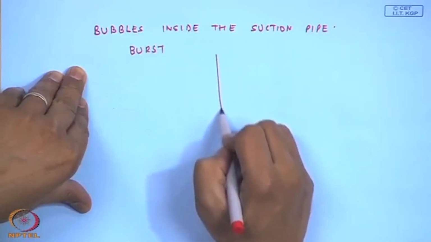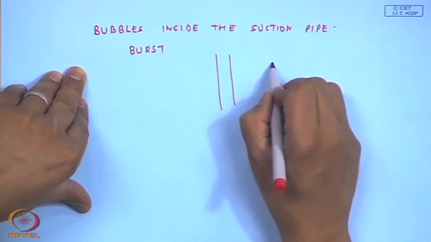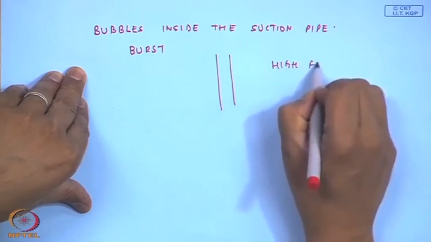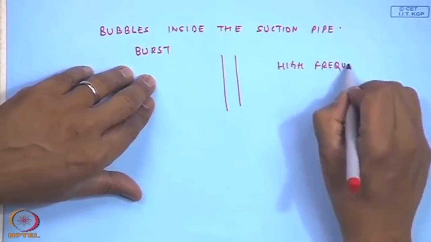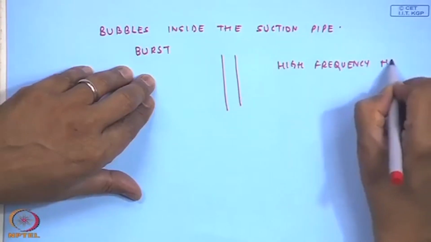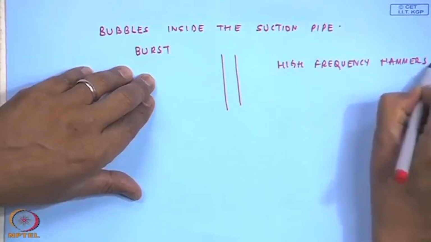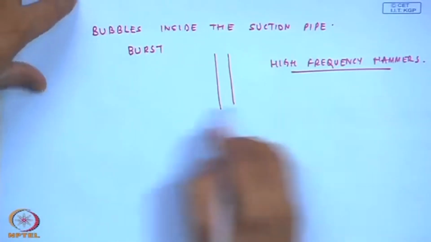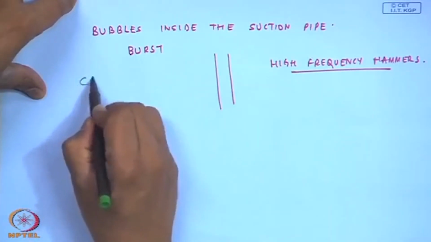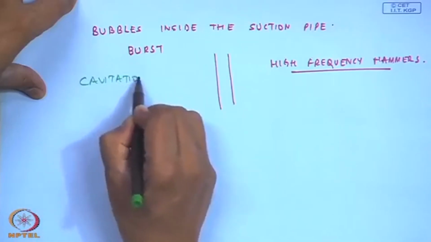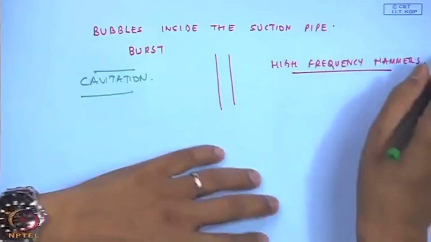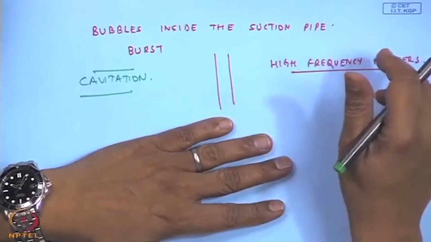So, they are like high frequency hammers, and this is what is known as cavitation. Cavitation limits the operational pressure or flow rate of turbines, and it can go undetected.